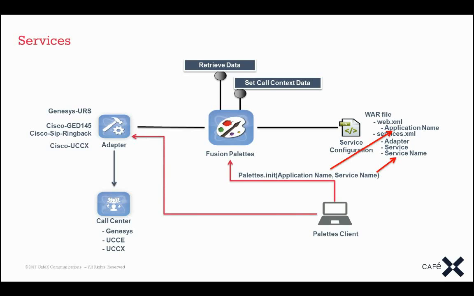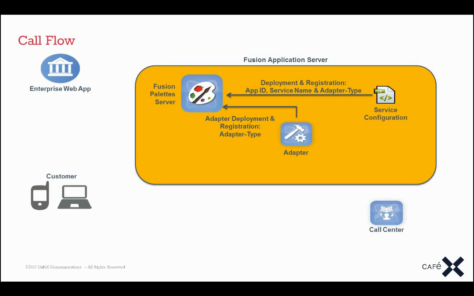The client then simply invokes that particular service, whether it's the retrieve data service or the set call context data service, passing in its required key value paired data. The appropriate adapter will then get invoked and then appropriately communicate with the backend call center environment to perform the required action. So now that we understand the inner workings of palettes, let's look at an example call flow.